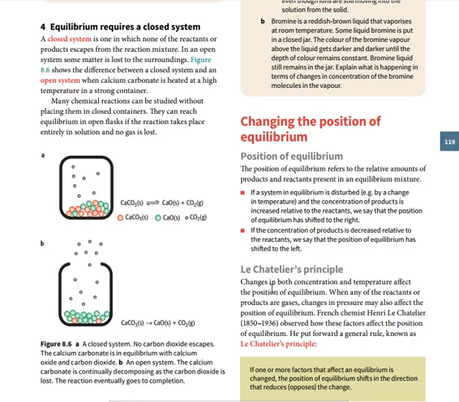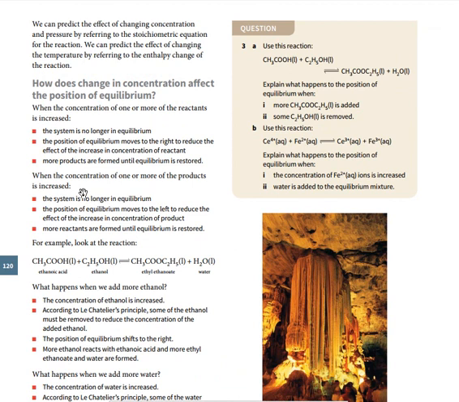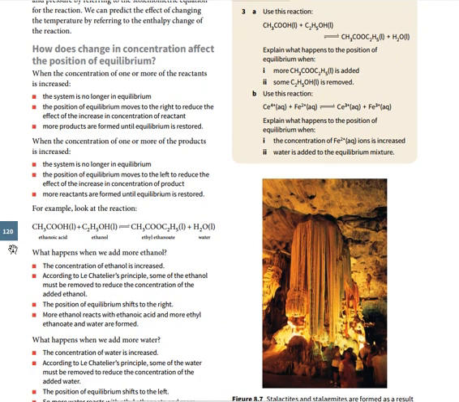So let's look at Le Chatelier's principle. It states that the equilibrium position will move in a direction such as to oppose the change producing it. So if a factor causes a reaction to shift, Le Chatelier's principle says the system will oppose that factor. Let's see how it acts in the reaction of ethanoic acid and ethanol to produce ethyl ethanoate.